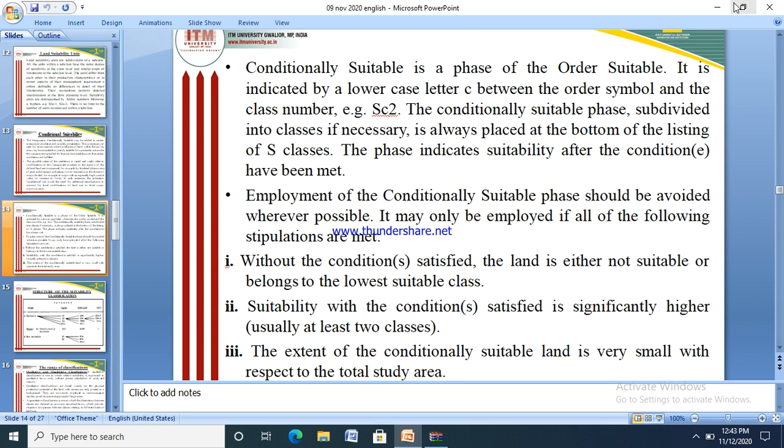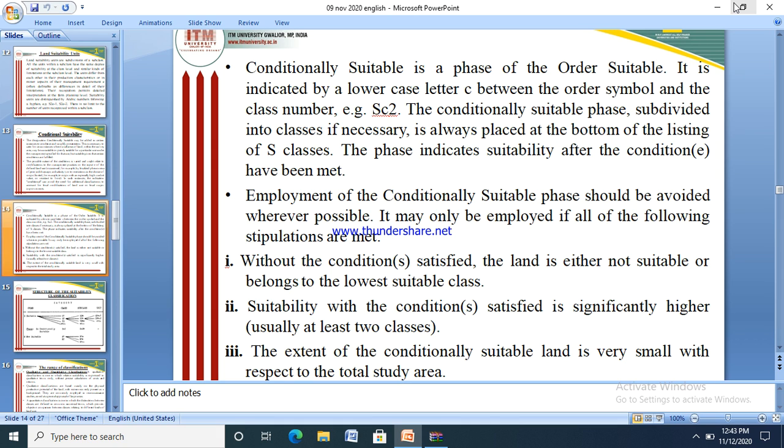Conditionally suitable is a phase of the order suitable. It is indicated by a lowercase letter C between the order symbol and the class number. Example, S C 2. The conditionally suitable phase, subdivided into classes if necessary, is always placed at the bottom of the listing of S classes. The phase indicates it is suitable after the conditions have been met.